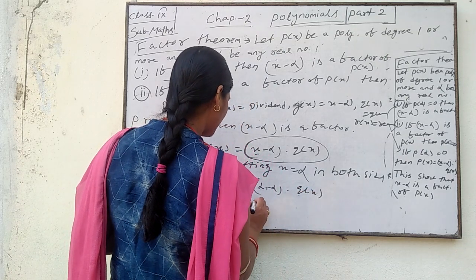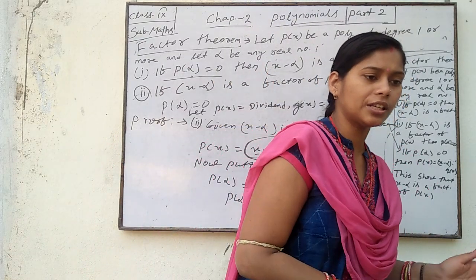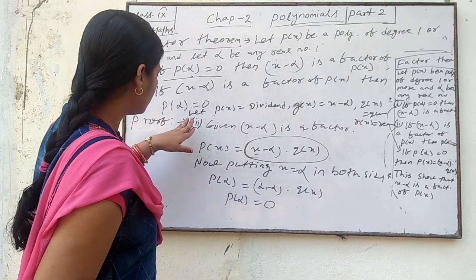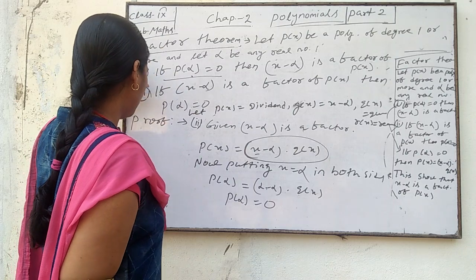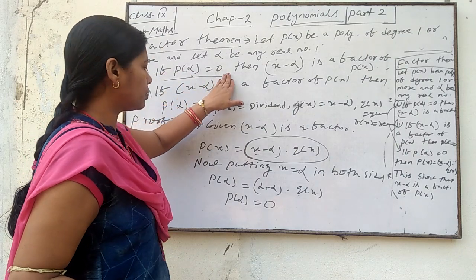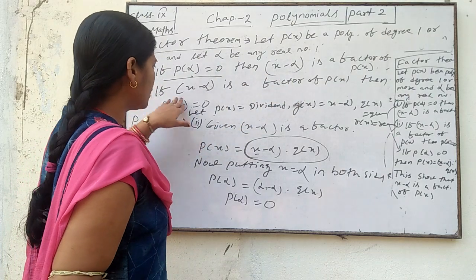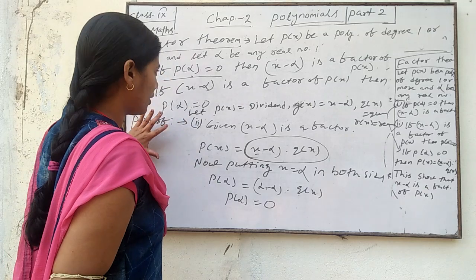So p of alpha is equal to 0 after putting x equal to alpha on both sides. So this is the proof of the second point. Both are reverse: if p of alpha is 0, then x minus alpha is a factor; if x minus alpha is a factor, then p of alpha is 0. So this is your factor theorem.